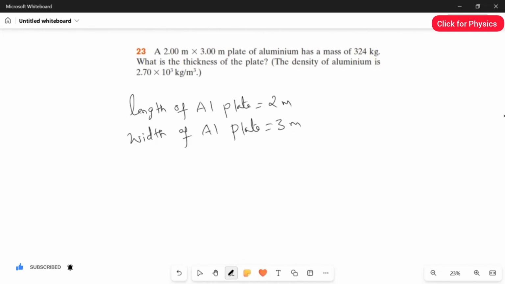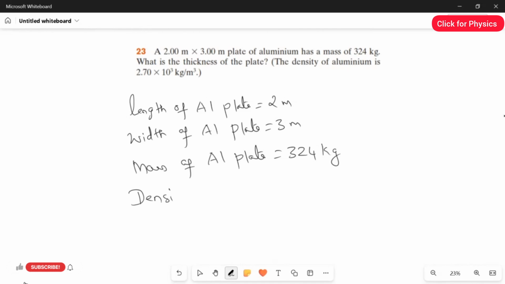Clear? And also they gave the mass of the plate. The mass of this aluminium plate is given here as 324 kilogram.